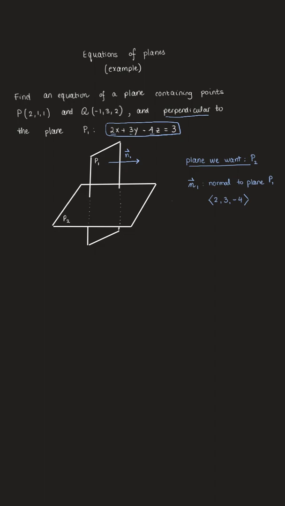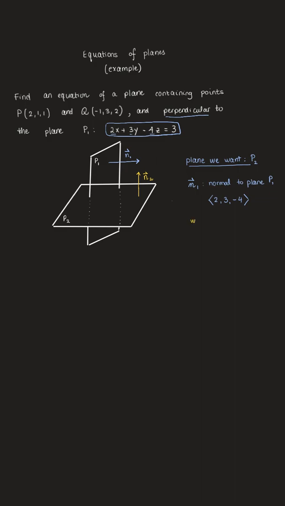All right, so how are the normals of our two planes related to each other? The plane whose equation we need, P sub 2, will have a normal that will look something like this. And so you can see here that two planes that are perpendicular to each other have perpendicular normals.